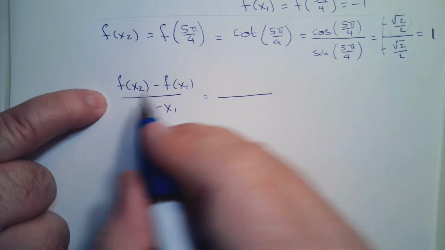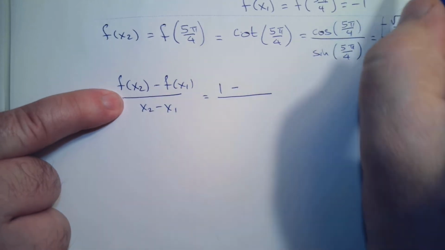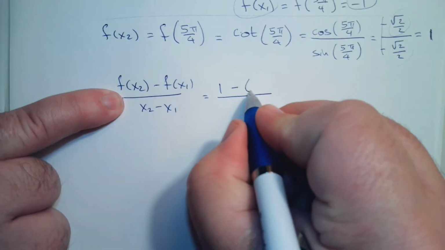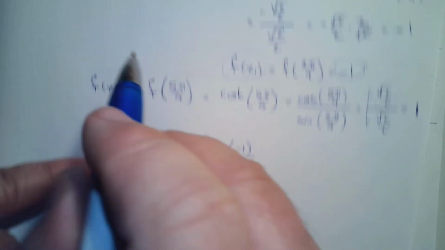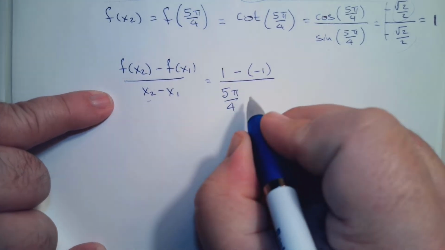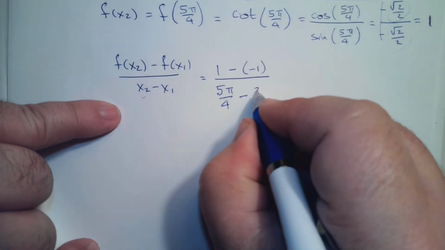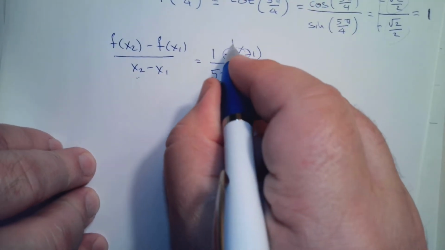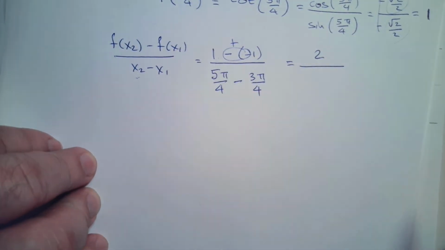F of x2 is 1, minus f of x1, which is negative 1. x2 is 5 pi over 4, minus x1, which is 3 pi over 4. So that becomes a plus. 1 plus 1 is 2.